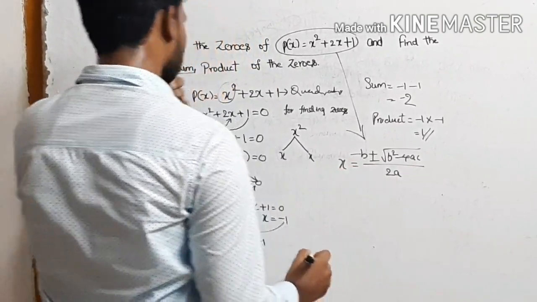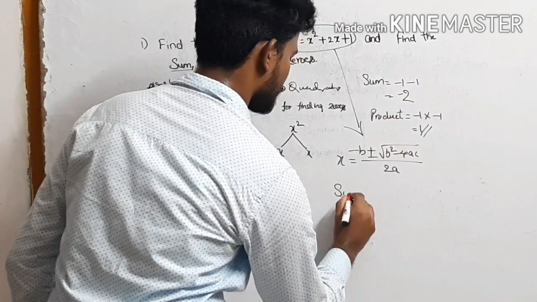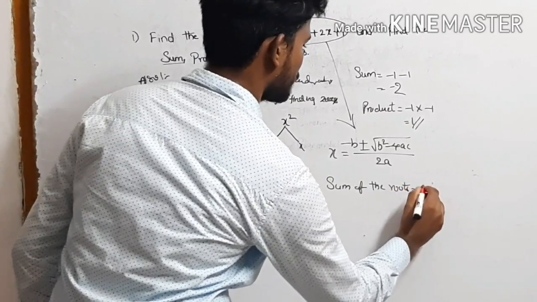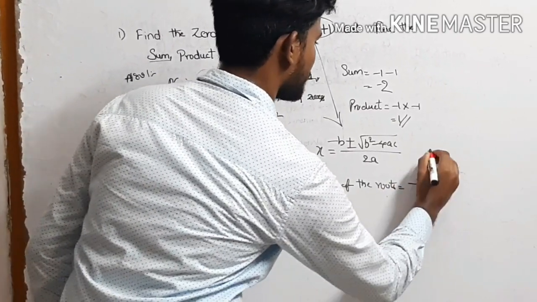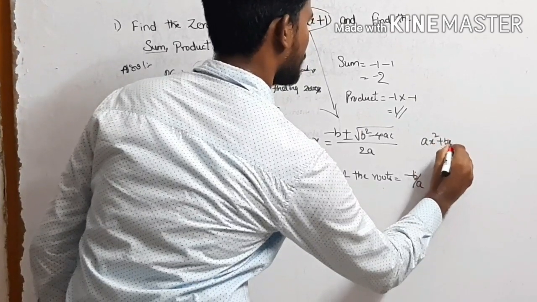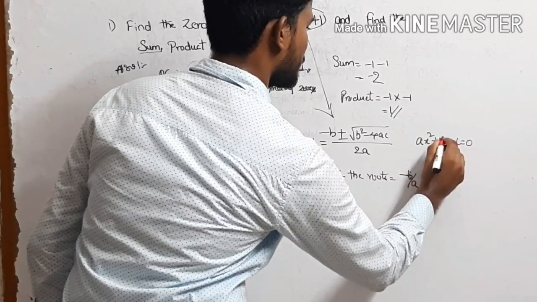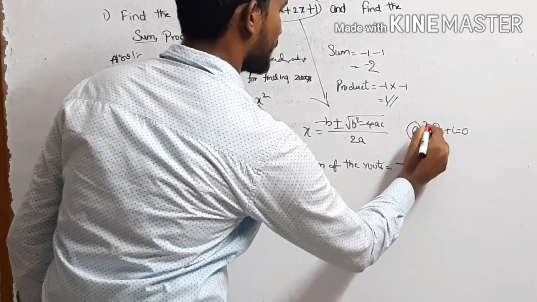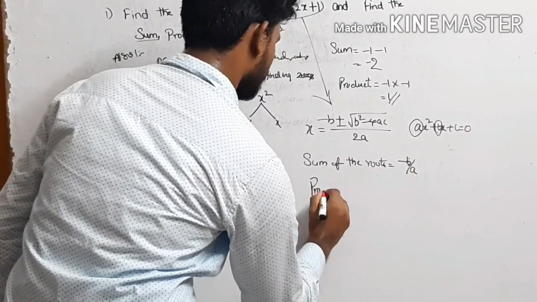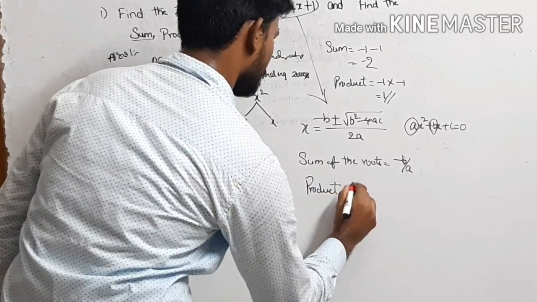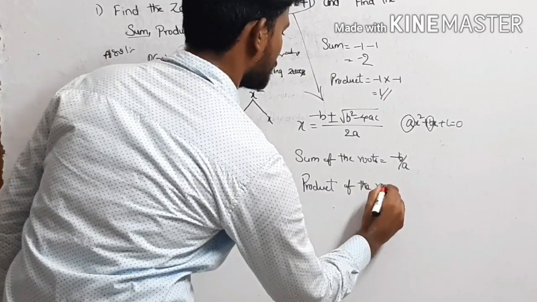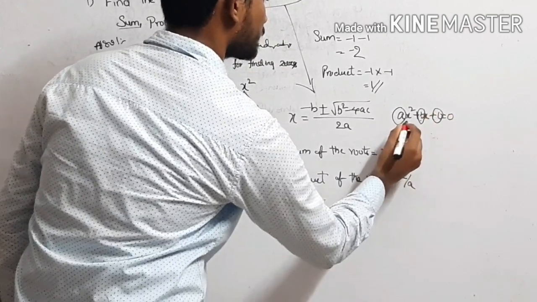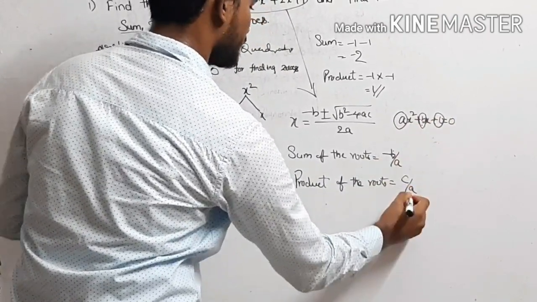For the equation ax square plus bx plus c equals 0, the sum of the roots equals minus b by a, that is, minus the coefficient of x by the coefficient of x square. The product of the roots equals c by a, the constant term over the coefficient of x square, which is a.